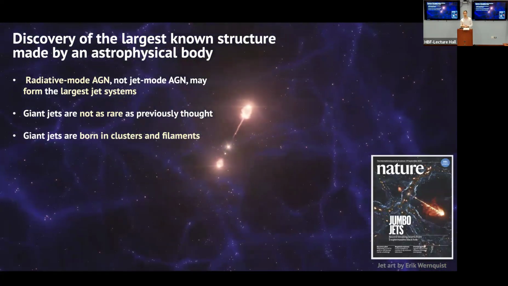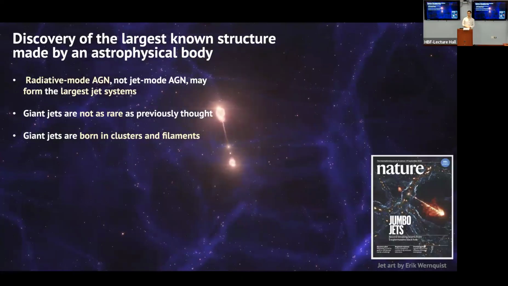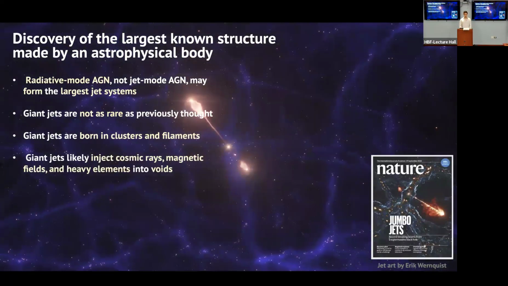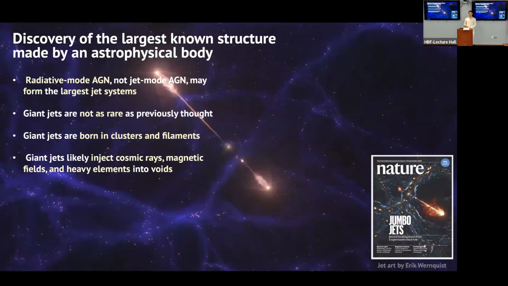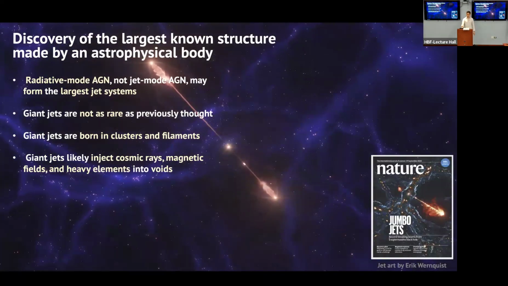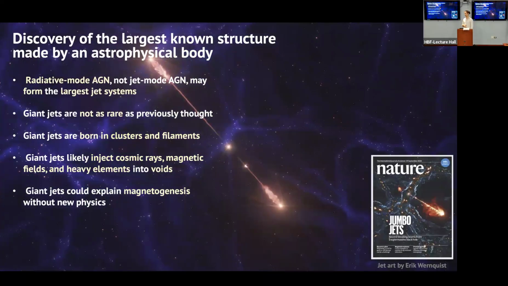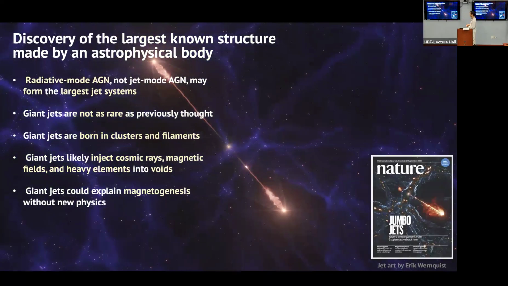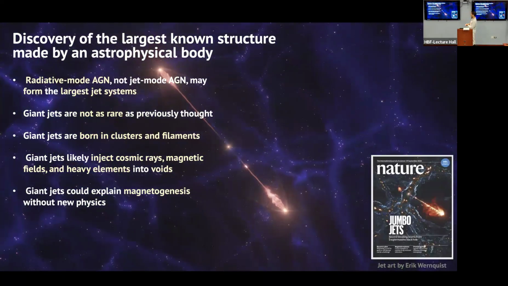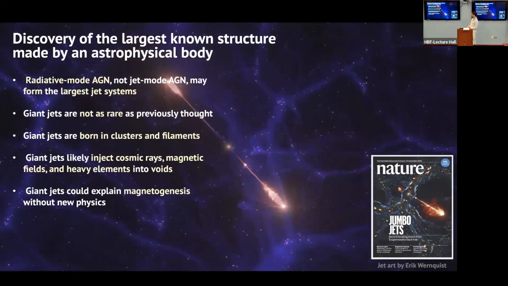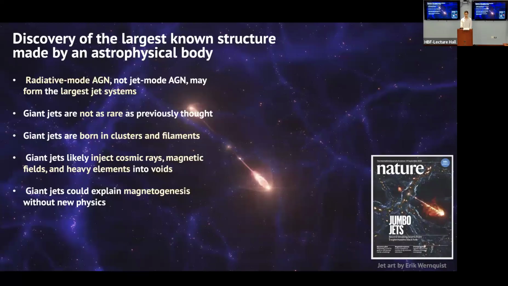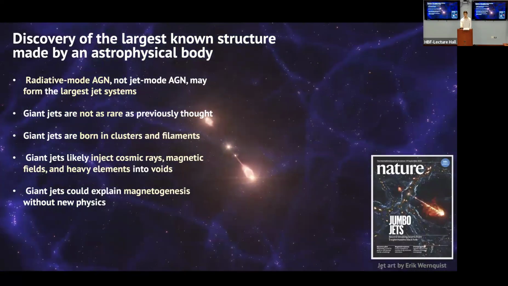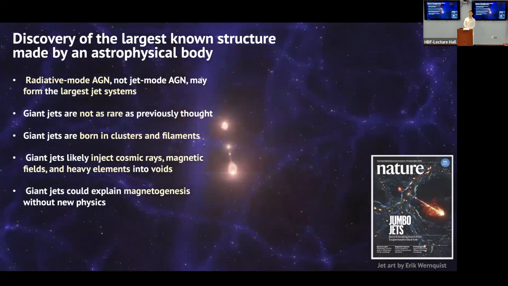Those giant jets are born both in clusters and in filaments, and they are likely to inject all kinds of things, cosmic rays, magnetic fields, and heavy elements into the voids. And it seems that they could explain, at least partially, how the voids could have gained their magnetic fields without the introduction of new physics, as is often the case with the primordial mechanisms. So yeah, thanks.